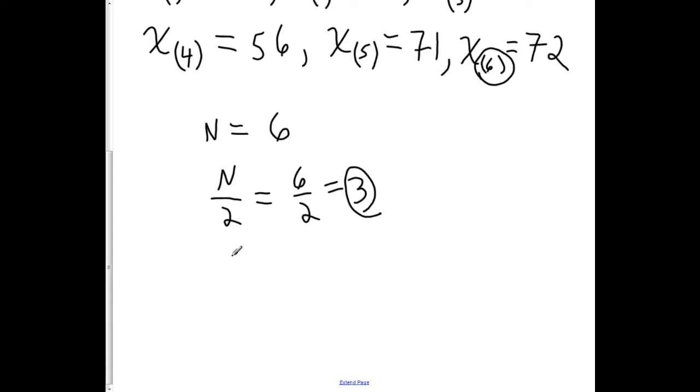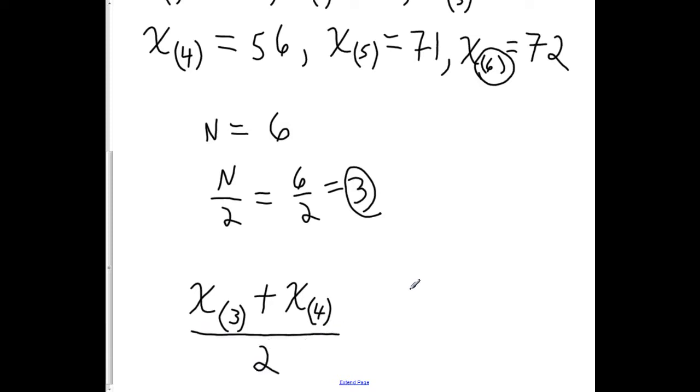Whenever you get a whole number when you divide n by 2, you take the order statistic for that whole number, in our case x3, add the next order statistic in line, x4, and divide by 2 to average those two out. What that means is that the median is halfway between x3 and x4.